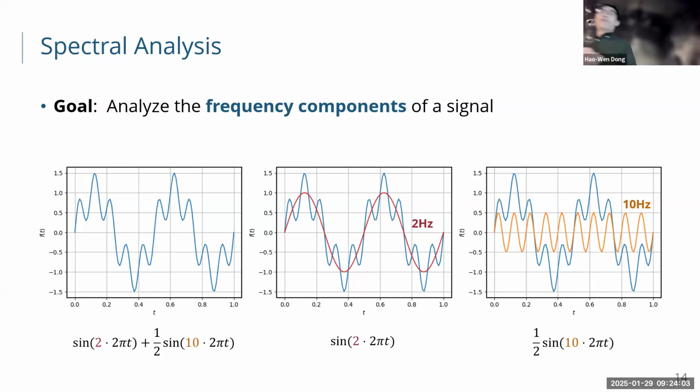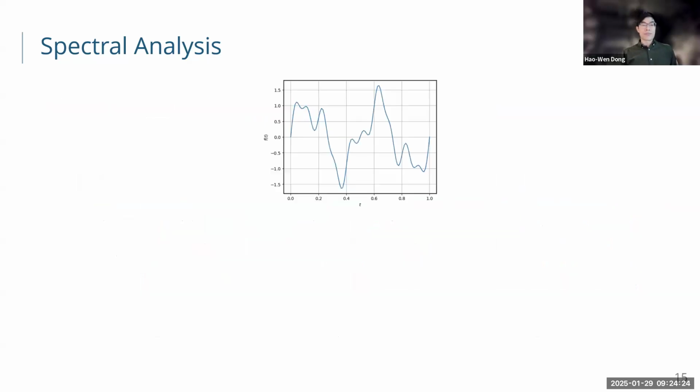Mathematically, assuming we have this perfect signal of 2 sine waves, you can guess their frequencies, and what you want to do is decompose a signal back into a bunch of sine waves that have different frequencies. That's the basic idea.